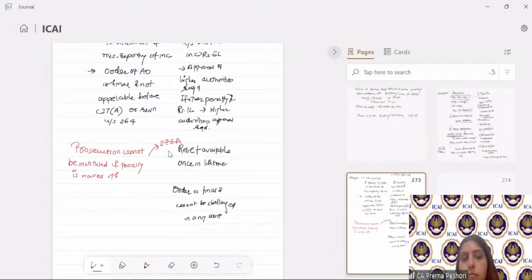Clear? Also, there is a provision called compounding of offences. Now, what is compounding of offences? Compounding of offence means a fine in lieu of the prosecution. If an offence has been committed for which a prosecution is there, before the institution of the prosecution proceeding, the assessee can make an application for the compounding of offence.